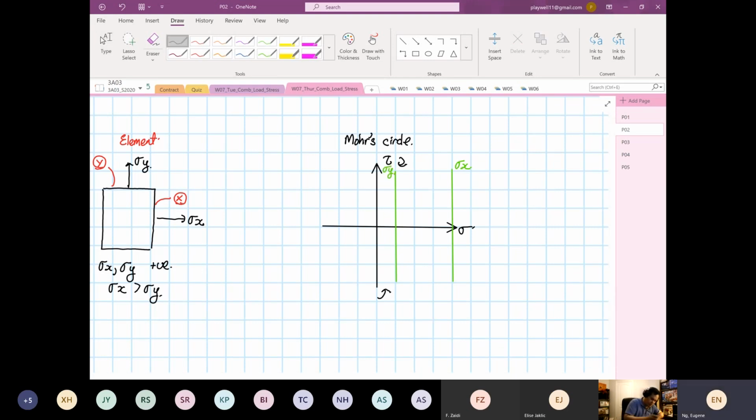Because the shear is equal to 0, this is your point X, and the other point is your point Y. So from here, you know the location of the center of the circle, you can draw your Mohr circle. So this is the first circle.